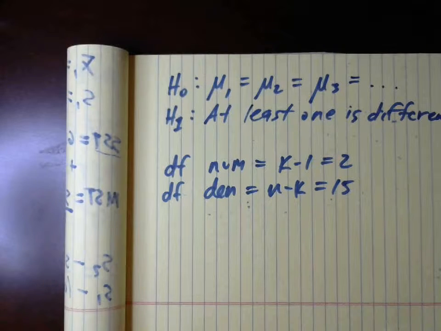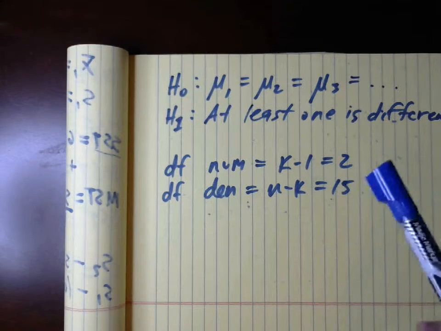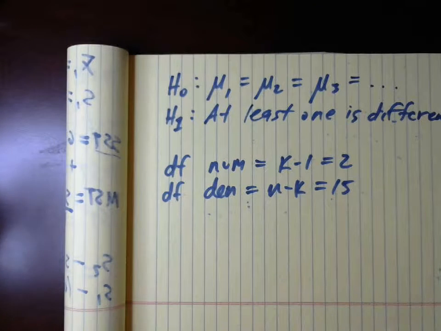And then you would want to compare the critical value to the test statistic like you would always do. And the general idea is that if your test statistic is larger than your critical value, then we would reject.